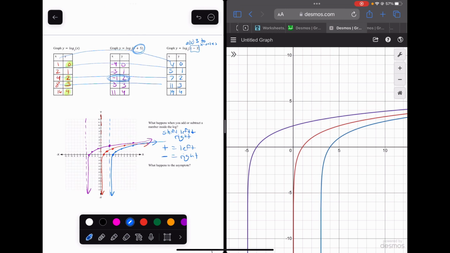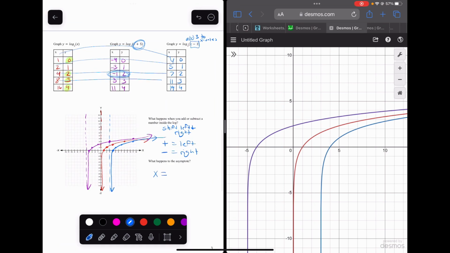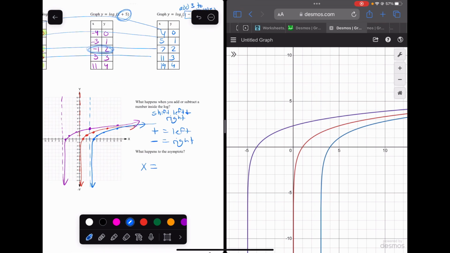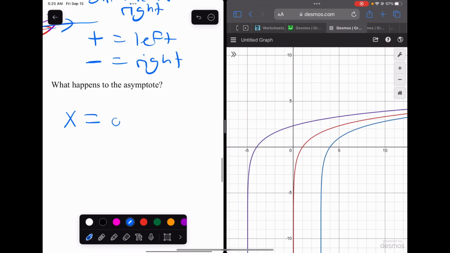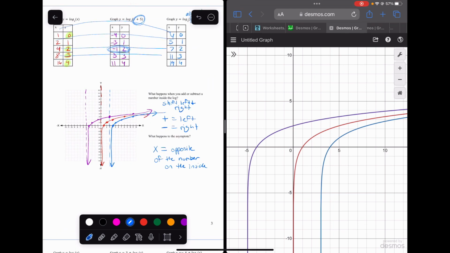And basically, the asymptote is just going to be x equals the opposite of whatever that number is on the inside. So it's basically just going to be x equals the opposite of the number on the inside, right? All right, cool stuff.